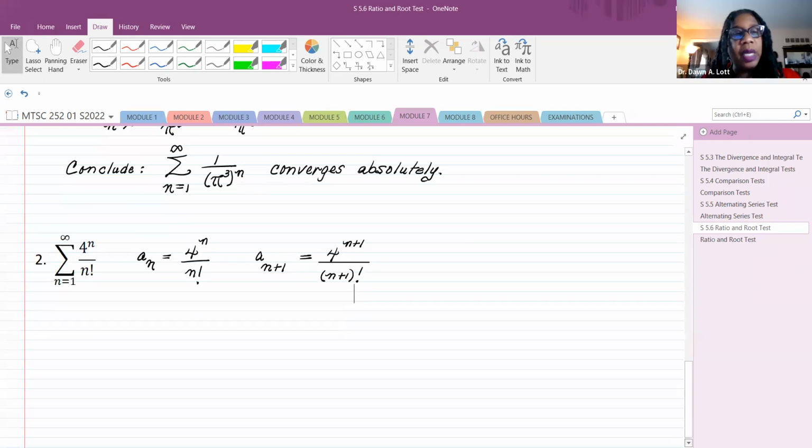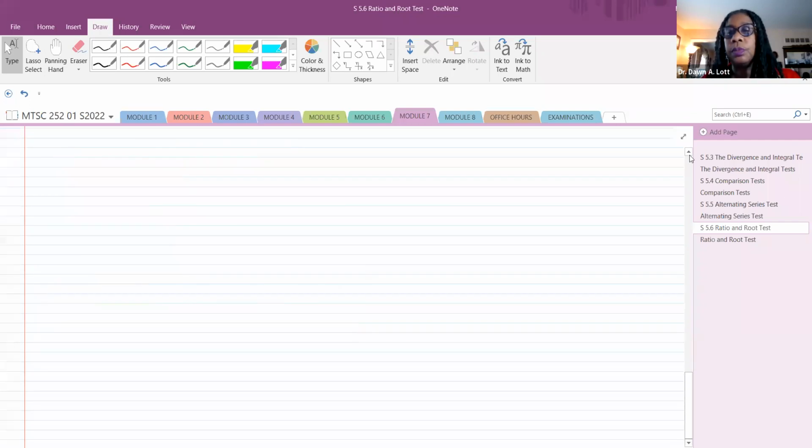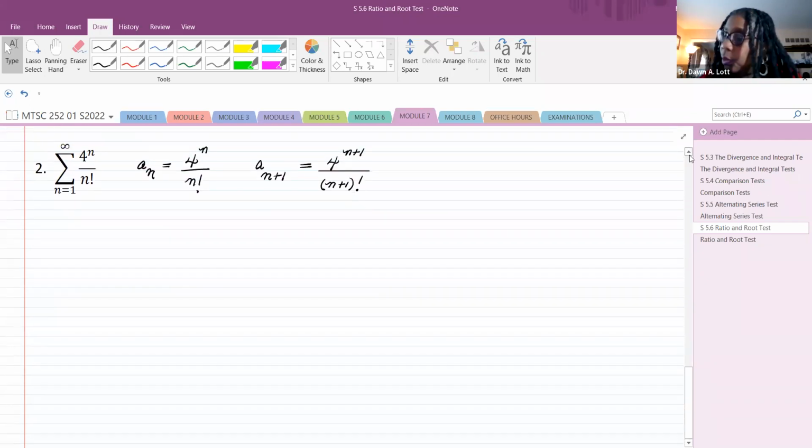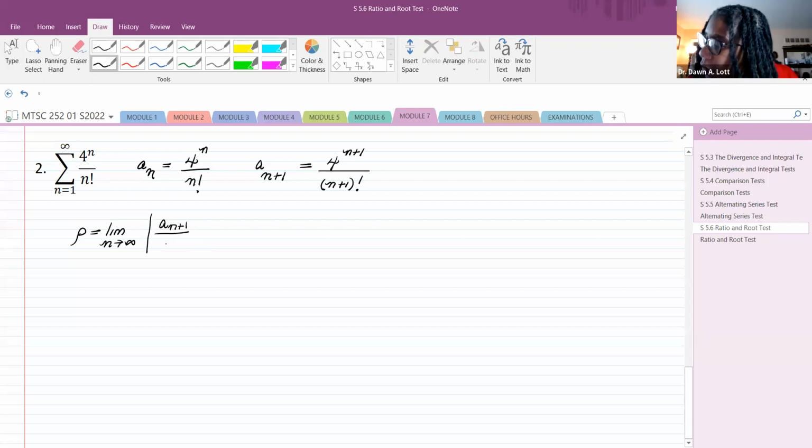All right, so now we have to compute rho. So rho is the limit as n approaches infinity of the absolute value of an plus 1 divided by an. Now, first off, everything's positive, so I'm going to drop the absolute value. You'll see that the absolute value comes into play when we have something like -1 to the n.